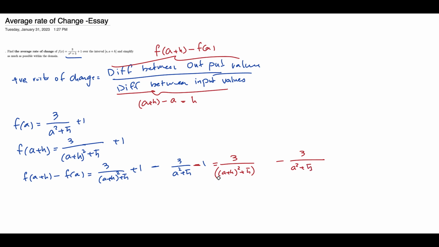Now, again, the goal is to find that h in the difference of the output values. To do that, I have to make this difference of two fractions into one fraction. Instead of having two rational functions, I want to have one. To do that, I need a common denominator. Common denominator means that I multiply each fraction's top and bottom by the other denominator.